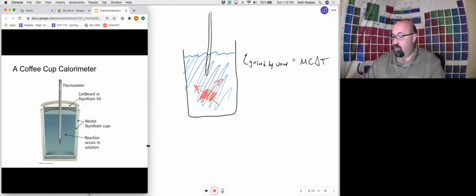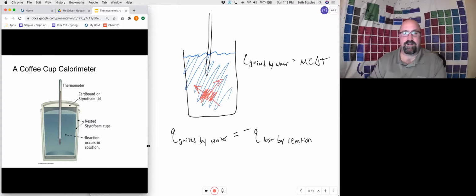We also know from the law of conservation of energy that the heat gained by the water is equal and opposite to the heat lost by the reaction.